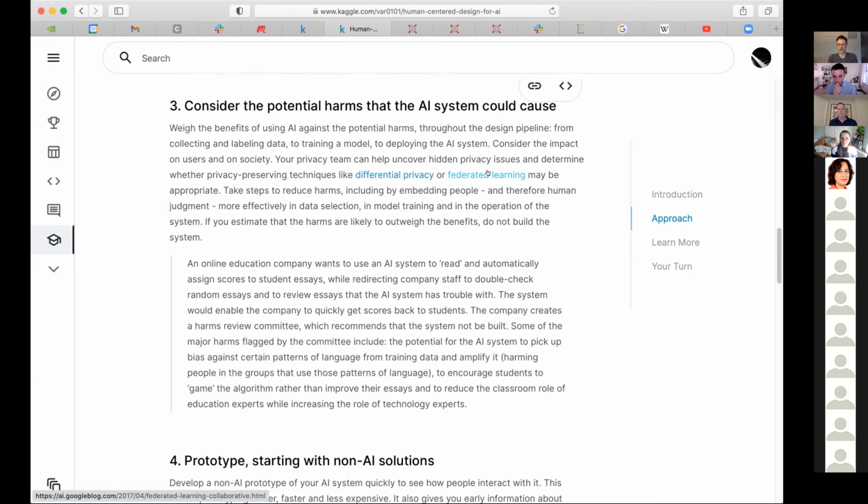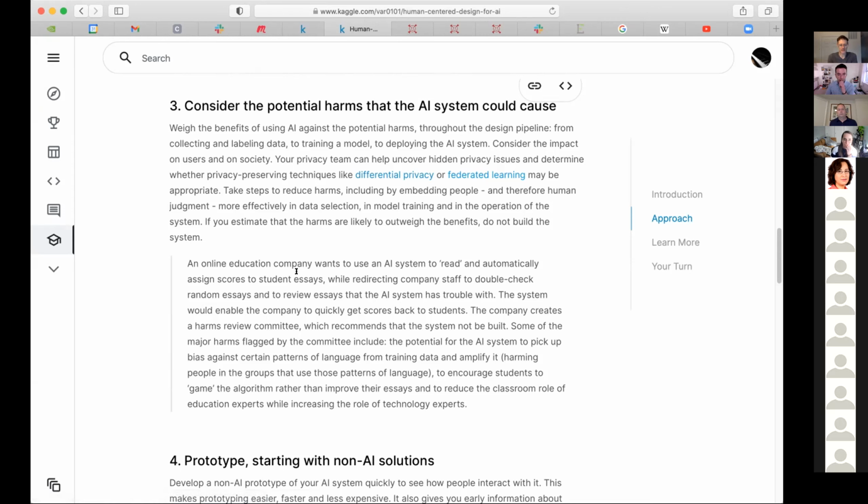So federated learning offers a way to train across many users without them having to share their data in that way. Differential privacy is also good to test whether systems are sensitive to an individual's presence in the data set or not. If they are sensitive to that, then you may have a problem with privacy.